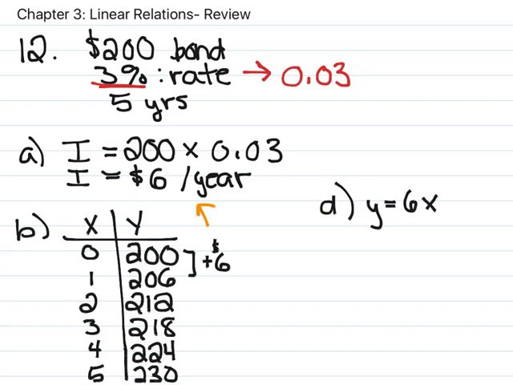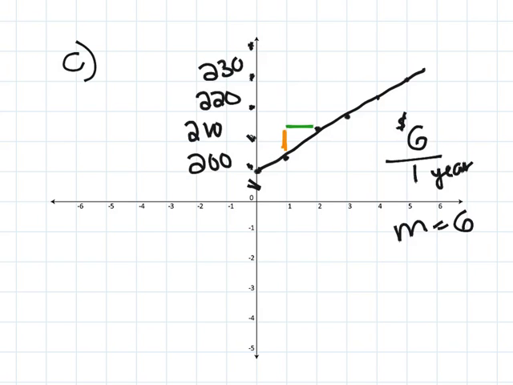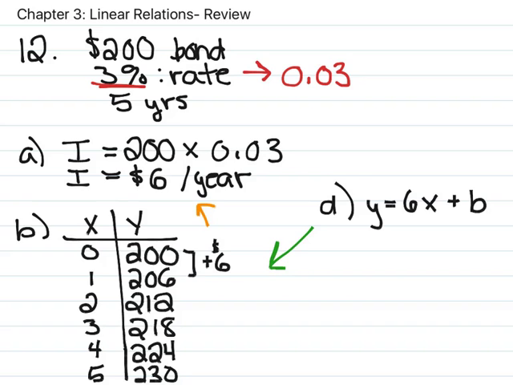So 6x plus b. You could either pick a point from your table and do it like we did back in question 10, or you know what b is, because b is the y-intercept, and you know that you're going to be crossing the y-intercept at 200, because that was your initial value when x was 0, so when you had gone 0 years. So your b value would be 200. So you end up with y is equal to 6x plus 200.